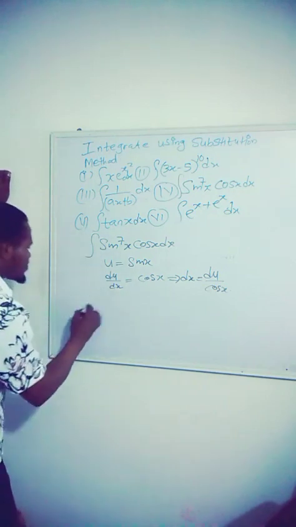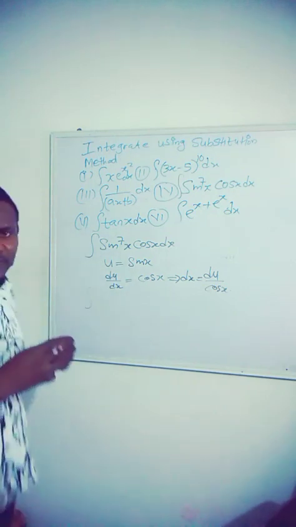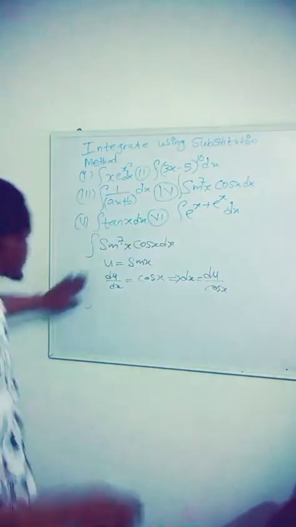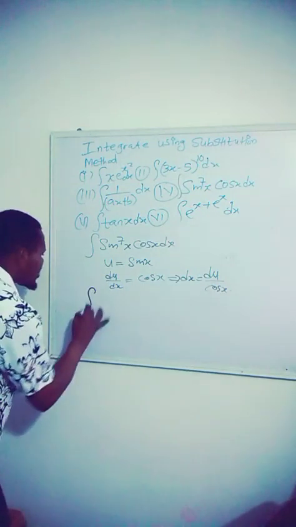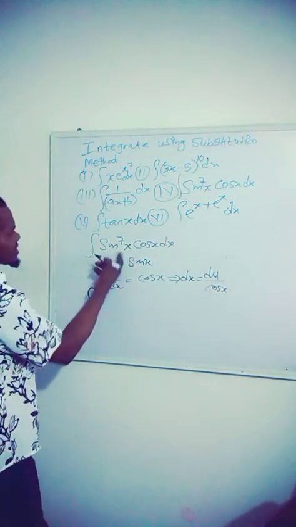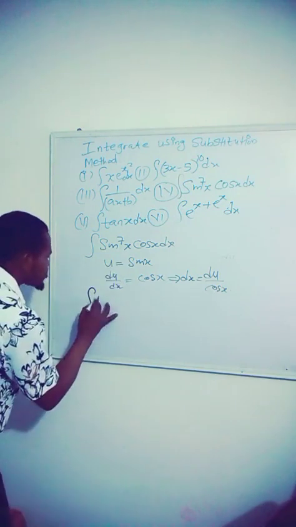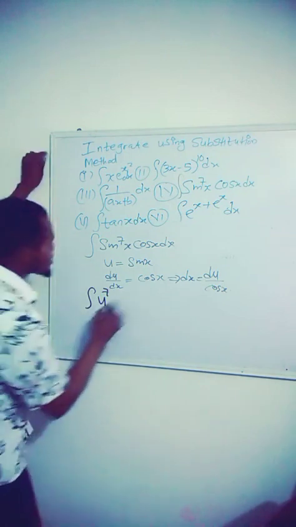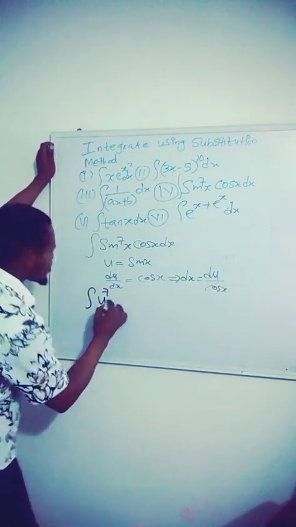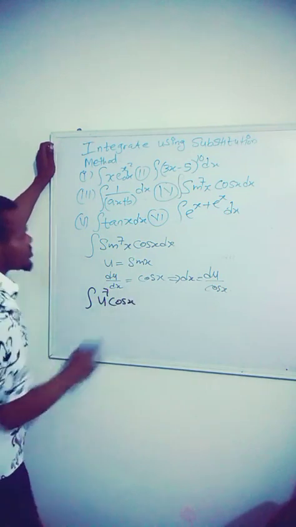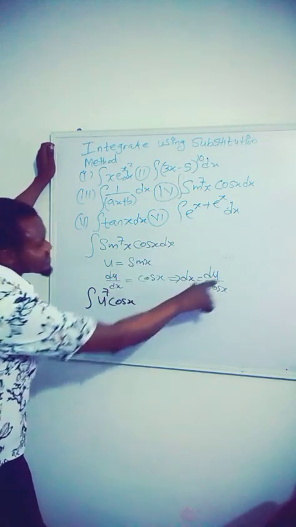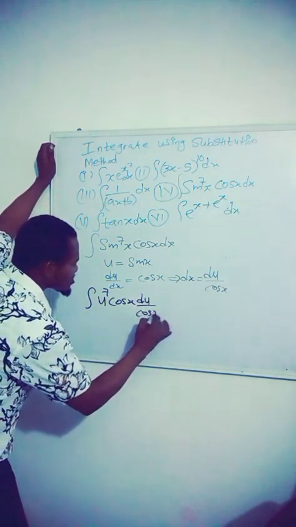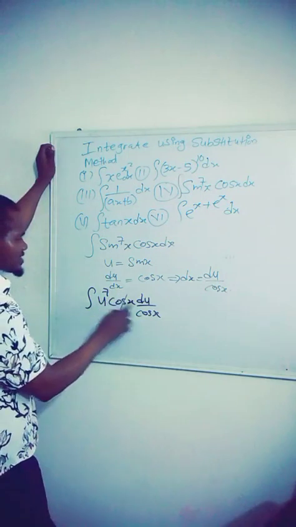So let's substitute here. This becomes the integral of, now sine x we have replaced with u, so that is u, raised to power 7, then cos x. But our dx is du over cos x. You can see that cos x cancels cos x.